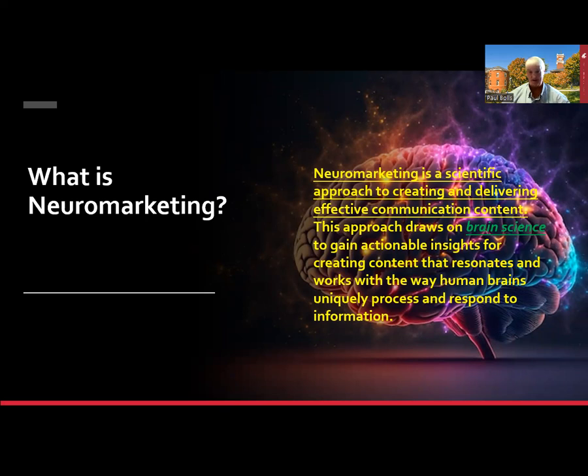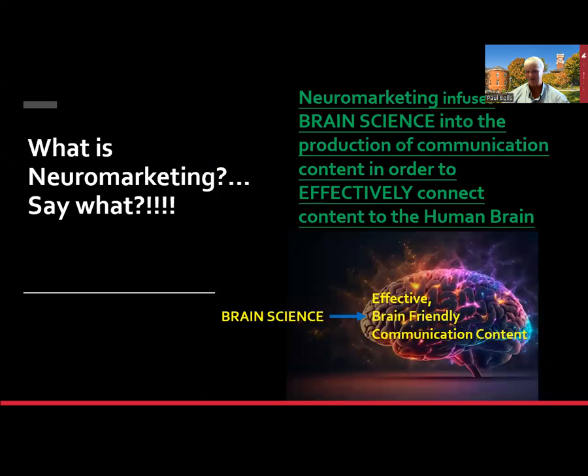That's another key point about the added value of neuromarketing science to the creative process. It uniquely informs creative content because it is fundamentally grounded in the science of how the human brain works and processes information. Now, that's a textbook definition. So I'm going to modify that question just a little bit to my kind of flippant version of what is neuromarketing? Say what? Let me see if I can simplify that for you.